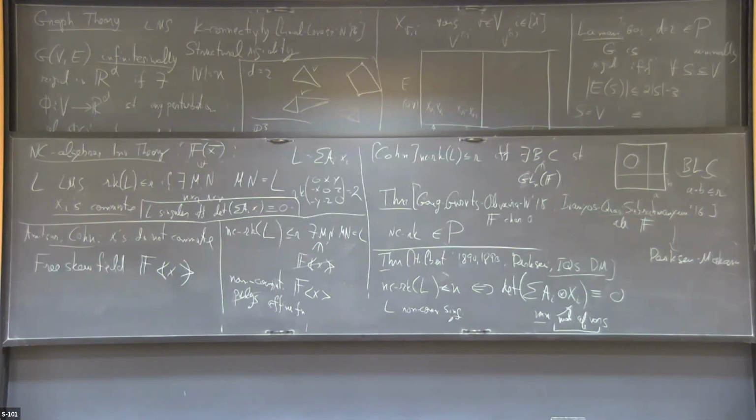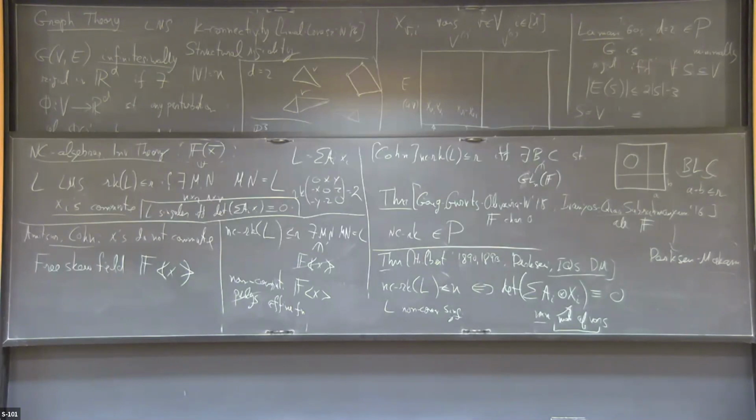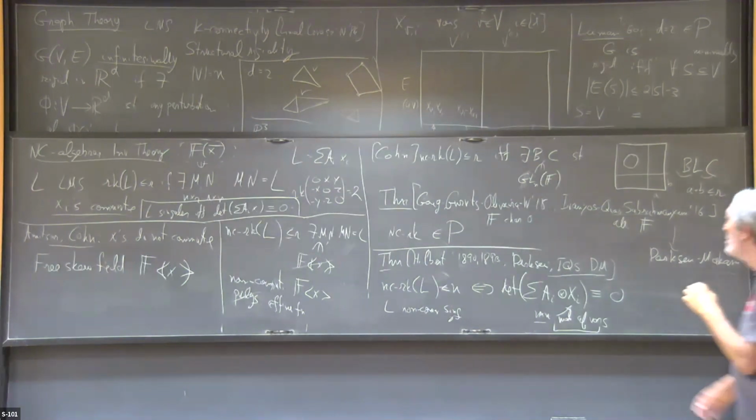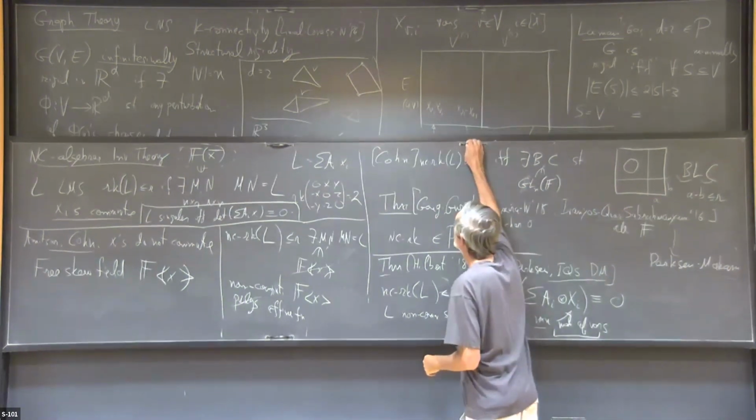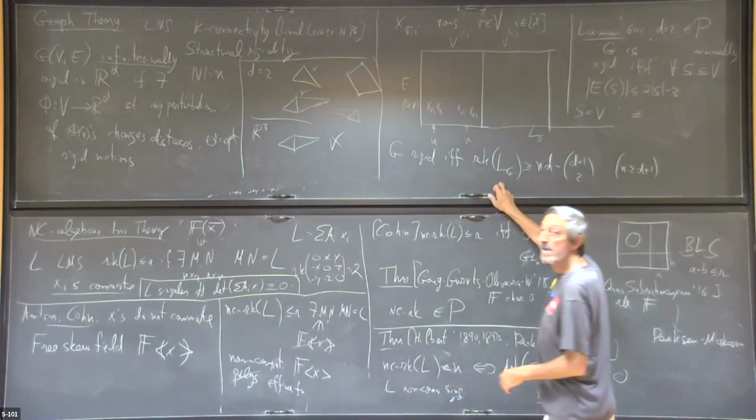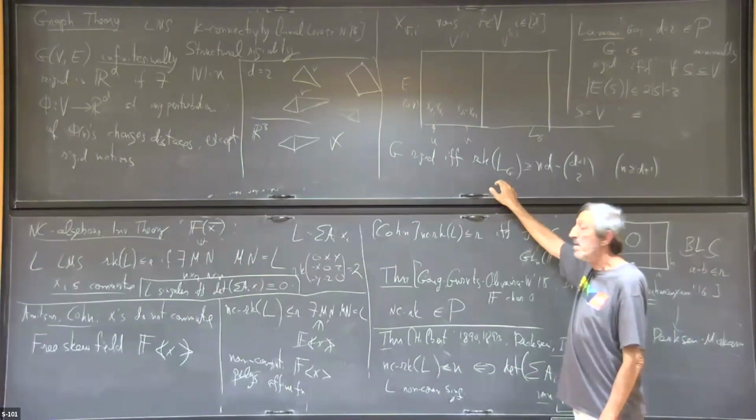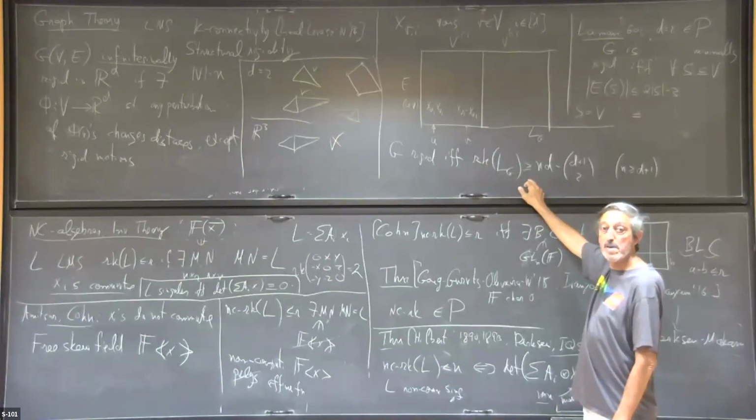A very stupid question, but you gave two examples, two different things which come from the same object. Is there a relation between the rigidity and the rank of the linear matrix space? I'm asking because... The relation is written here.